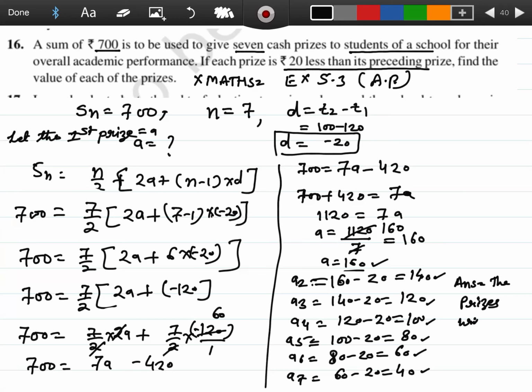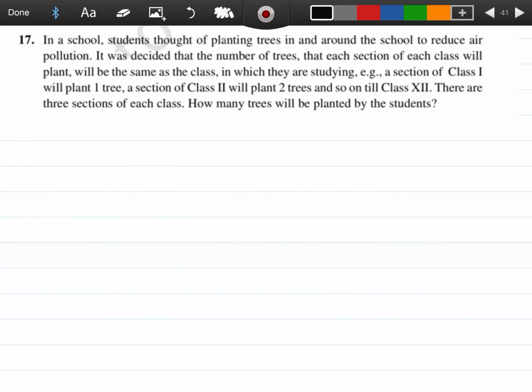So the answer: the prizes a1, a2, a3, a4, a5, a6 and a7 are equal to 160, 140, 120, 100, 80, 60 and 40. 1, 2, 3, 4, 5, 6, 7, 7 prizes will be like that.